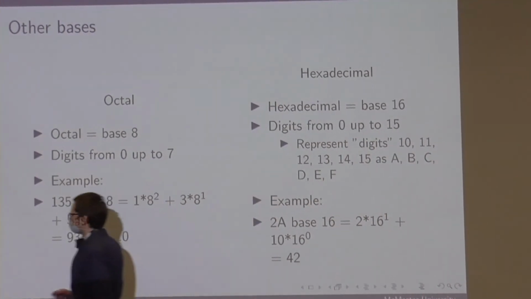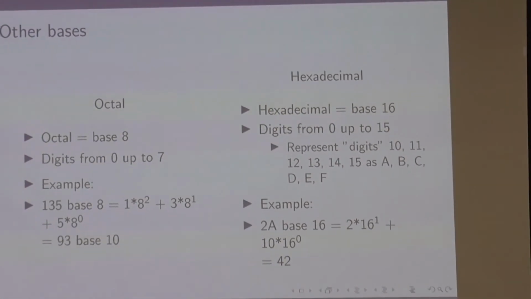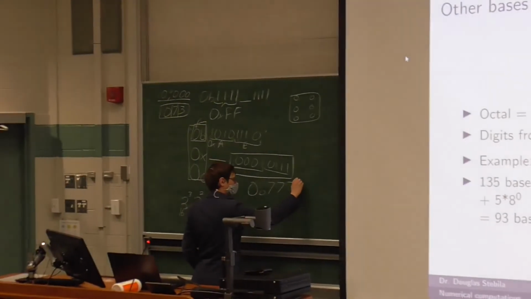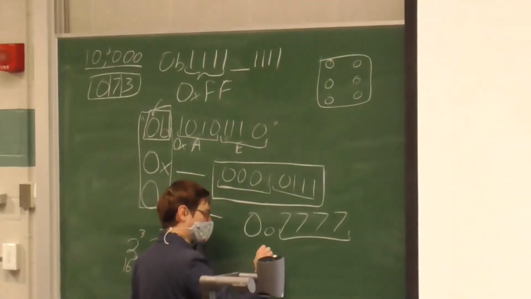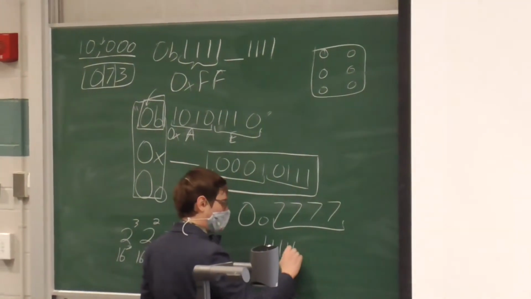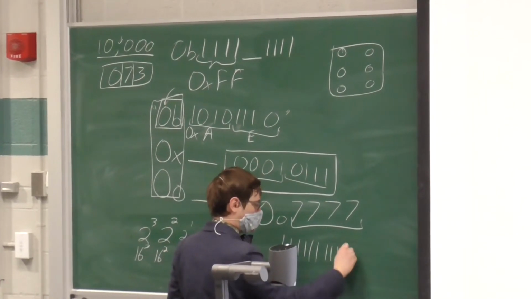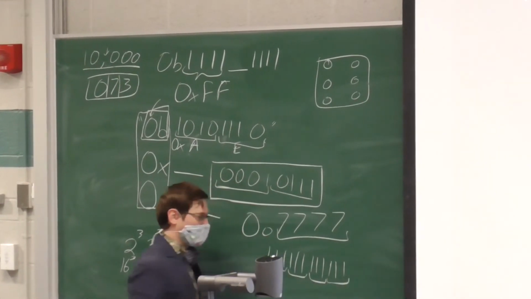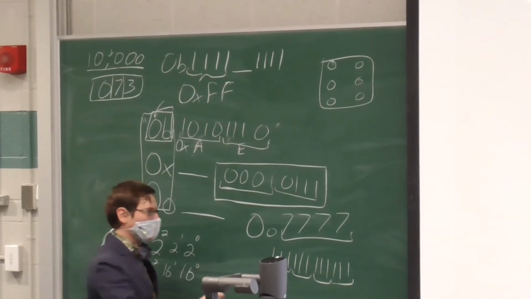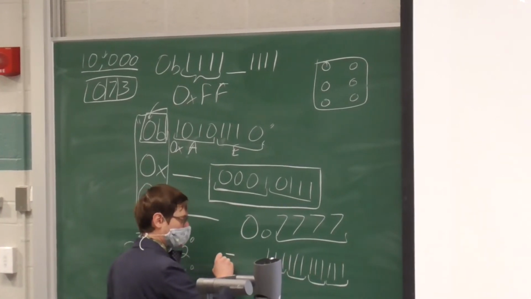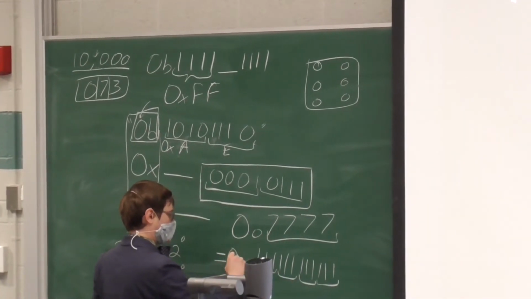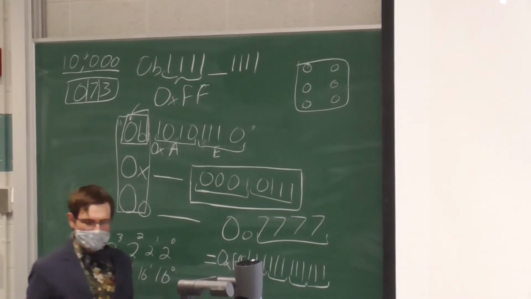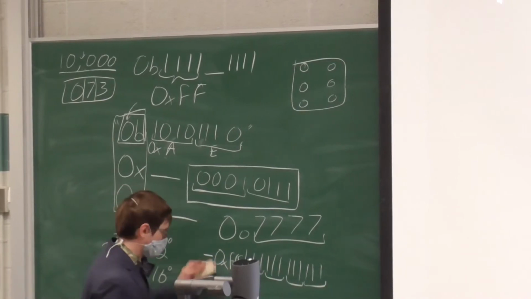So, for example, if you had an octal number 7777, what you have is 111, 111, 111, 111. 4 groups of 3 ones, which of course is equal to hexadecimal FFF. I apologize for the crampedness of my writing.